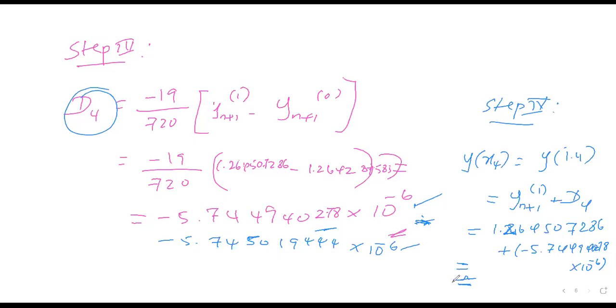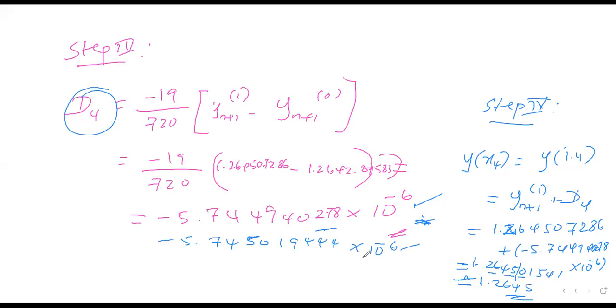Okay, so these are your answers: 1.264501541. So the approximate value will be 1.2645, isn't it? So with 4 decimal places you can cut off.